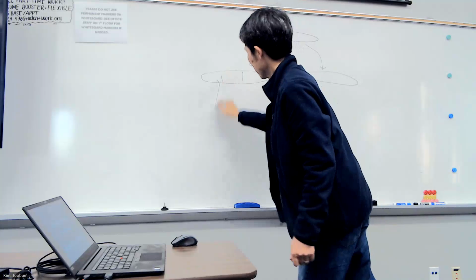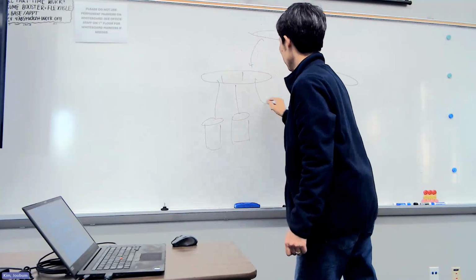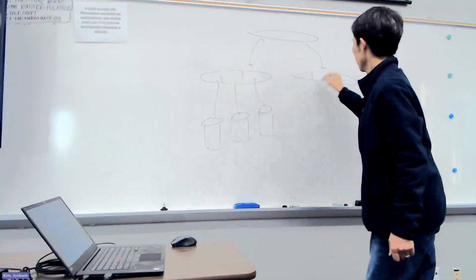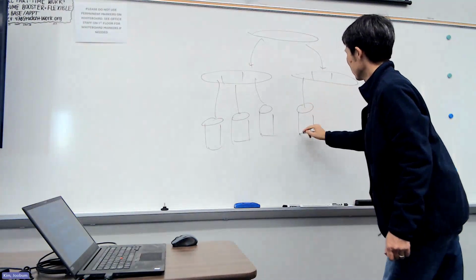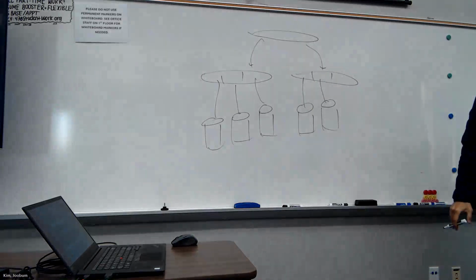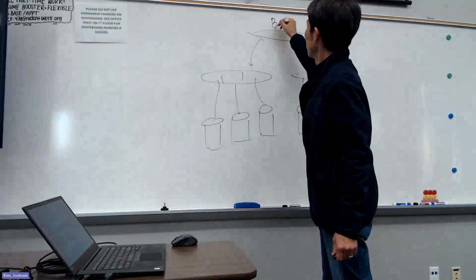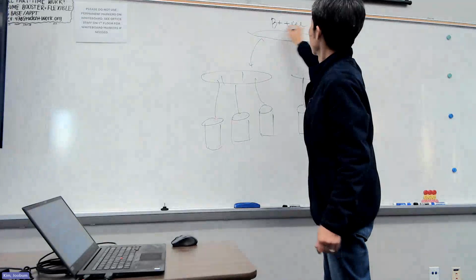Then cylinder, cylinder, cylinder, and cylinder, cylinder, like this. Okay. This is the updated B plus tree index.